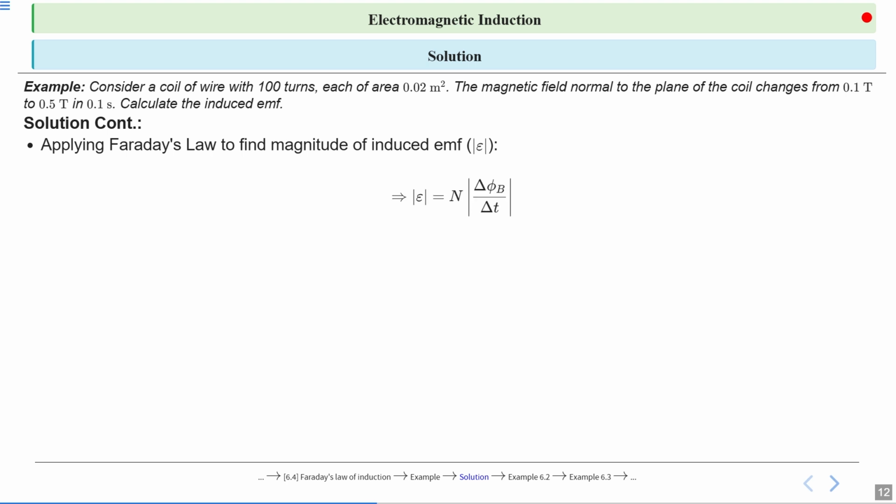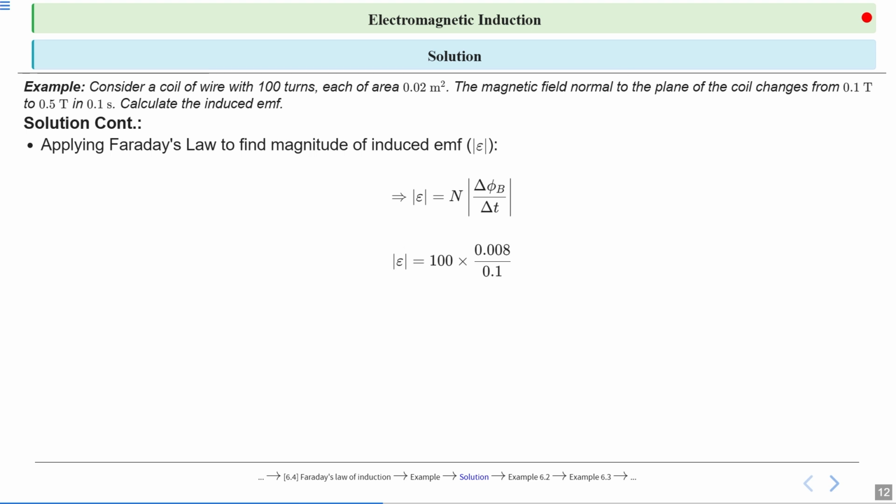So we are applying mod here. Epsilon mod will be N mod delta phi B upon delta T. The minus sign is not there. So epsilon mod is equal to the number of turns, 100, into the change in magnetic flux, 0.008, upon the change in time.